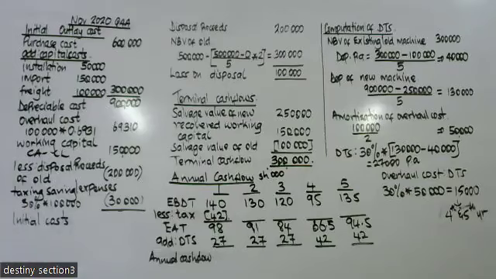In your own free time, you look at September 2021 question 2B. But that question is depreciation on reducing balance. But remember, when you're getting DTS, DTS is depreciation per annum times the tax rate.